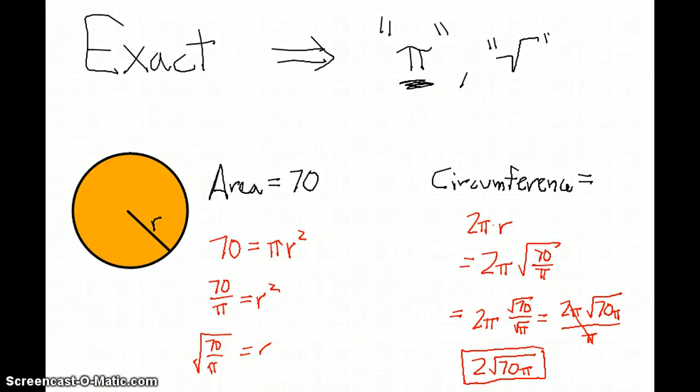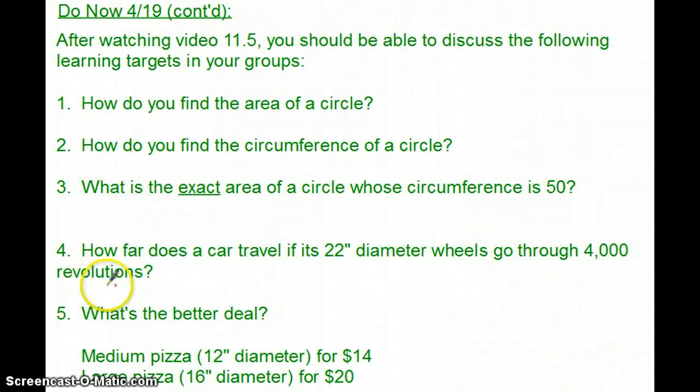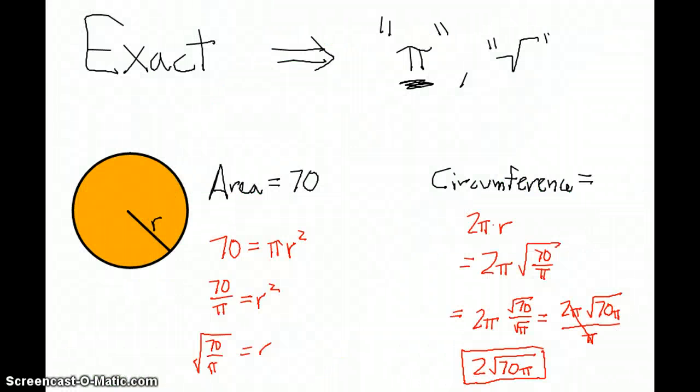Okay. Let's see what else we have to do. Whoops, didn't mean to do that. Back to previous page. Exact area. The other one is revolution stuff. You realize if a wheel is going to be spinning, then every time it turns once, go to a new page. If you have a wheel and it's rolling down the road, each time it rolls once, you can think about this as I animate this.